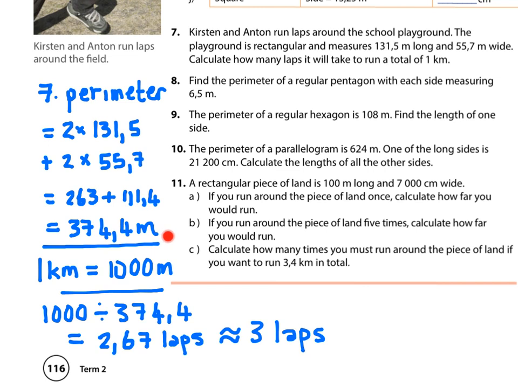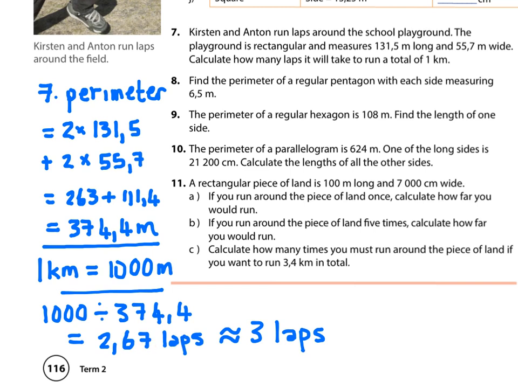374.4 meters. Then they want to know how many laps you need to complete to get to 1 kilometer. So we first convert the 1 kilometer into 1,000 meters, and then you can keep adding this amount until you get to 1,000, or the easier way to do it is on your calculator, say 1,000 divided by the perimeter gives us 2.67 laps.